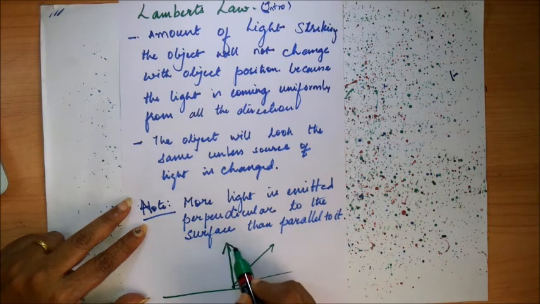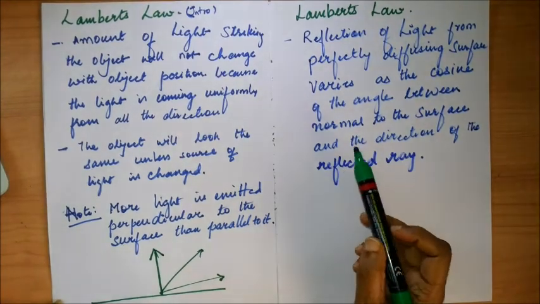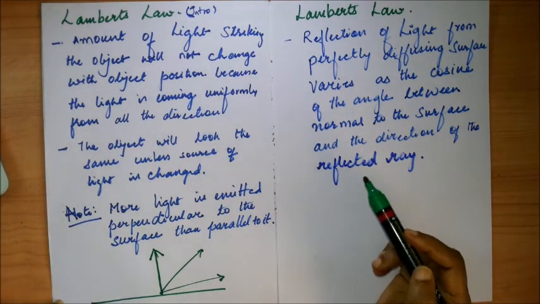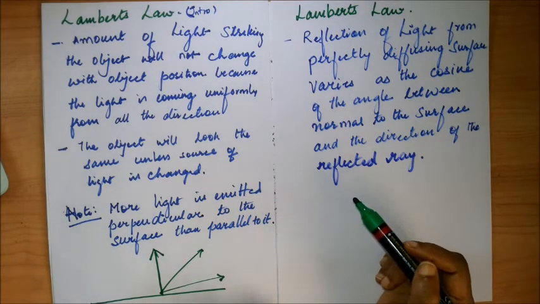So more is here, lesser here, and compared to these two, it will be very less in this particular direction. So finally we can state Lambert's law. It is the reflection of light from a perfectly diffusing surface. It varies as the cosine of the angle between the normal to the surface and the direction of the reflected ray.